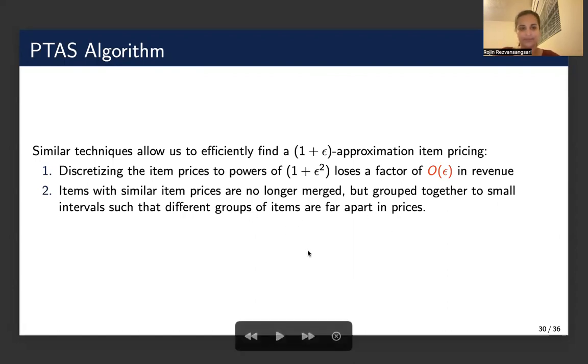What happens in the PTAS is that they might not be exactly equal, but they have the property that each of these merged groups of items have multiplicatively close prices, in contrast to prices in 2 different groups that are multiplicatively apart. And this gives us the ability to say that removing the constraint of prefix buying doesn't cost us a lot in revenue.